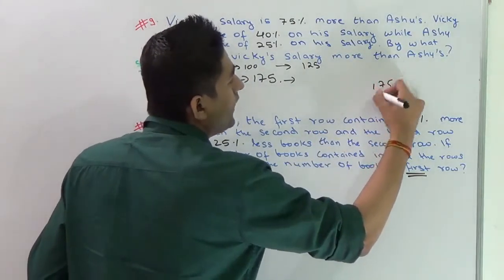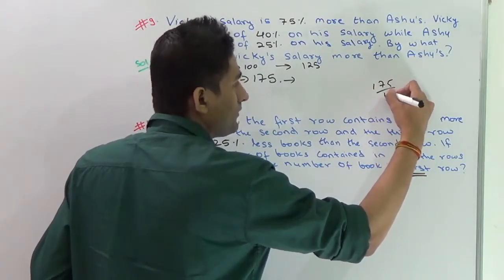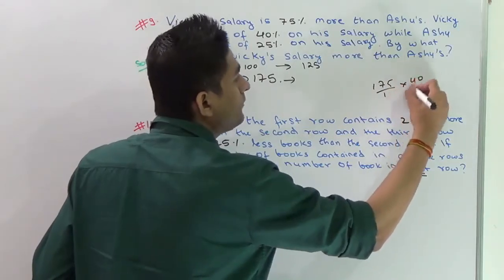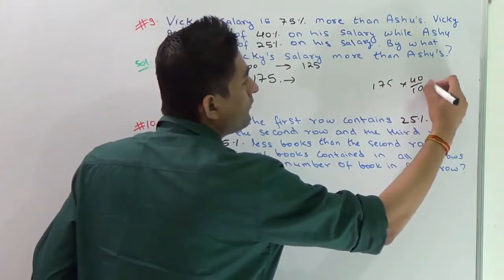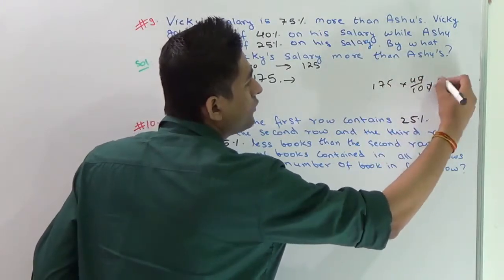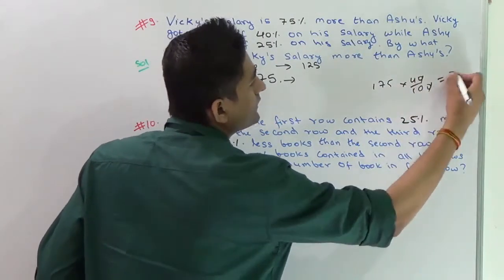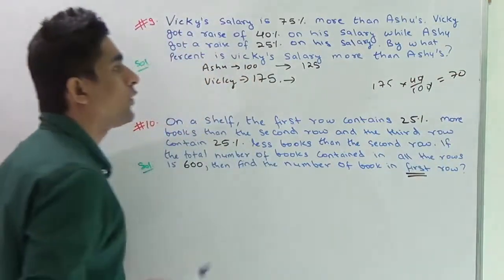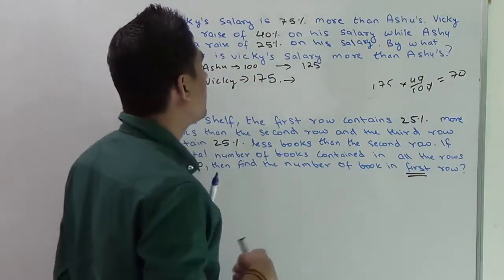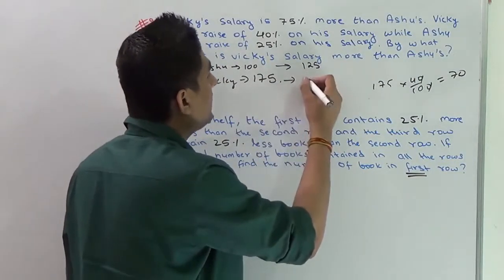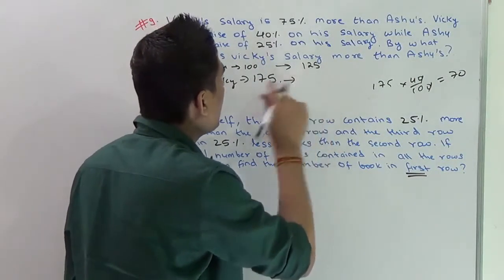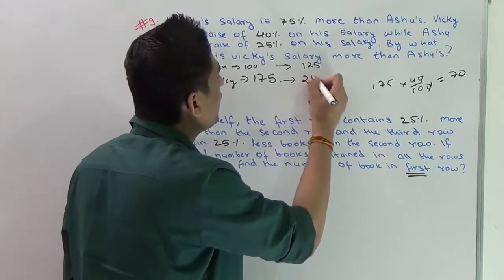Let me calculate that 40% of 175. If I calculate 40% of 175, it will come out to be 70 rupees. Now if I add 70 here, it will be 245.